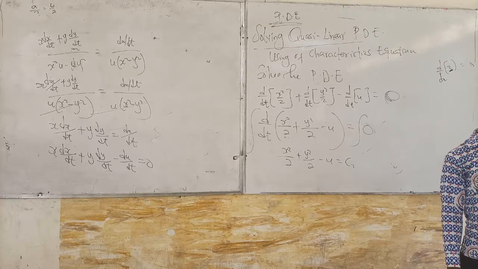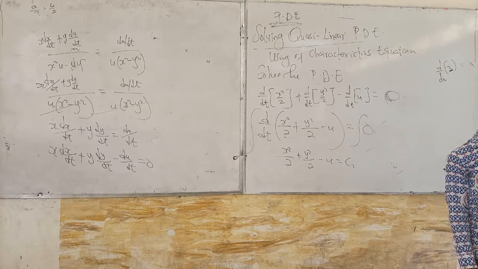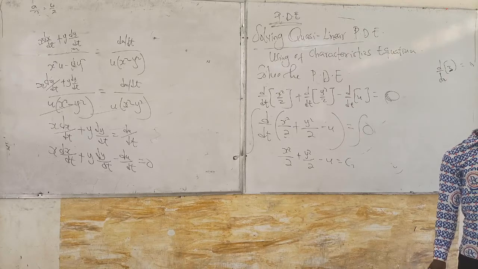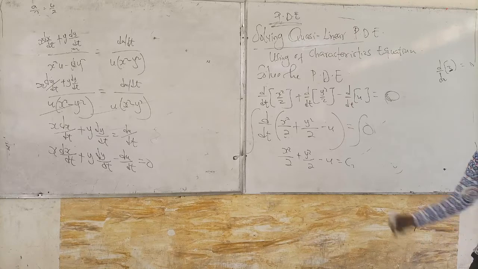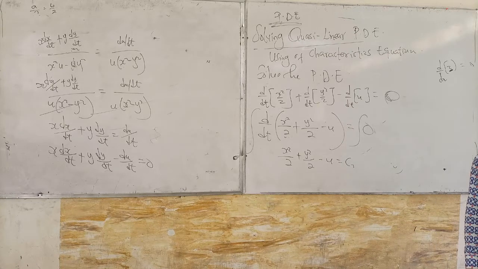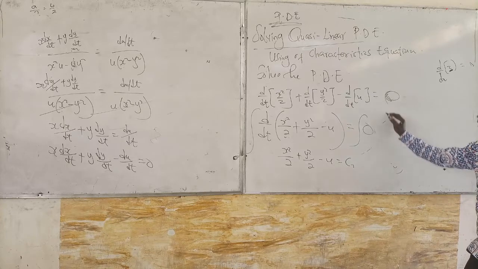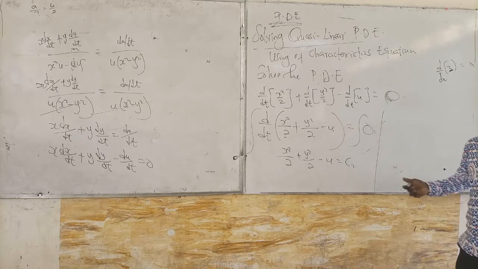We can multiply 2 by 2, and you're going to get 2C2. But it's still a constant. But 1C2, not 2C2.